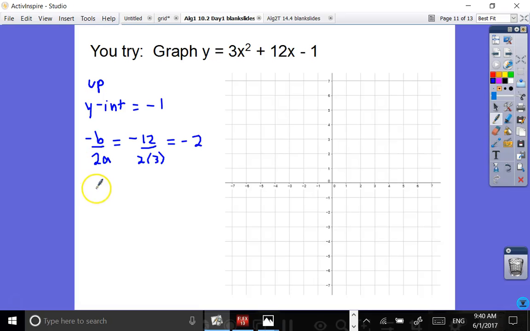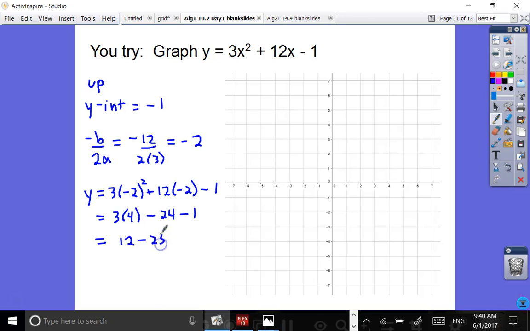But in the end, it will be y equals 3 times negative 2 squared plus 12 times negative 2 minus 1. That's going to be 3 times 4 minus 24 minus 1, which is 12 minus 25, which is negative 13. So we have a vertex of negative 2, negative 13.